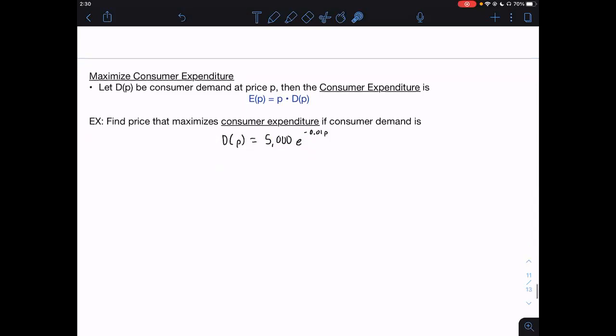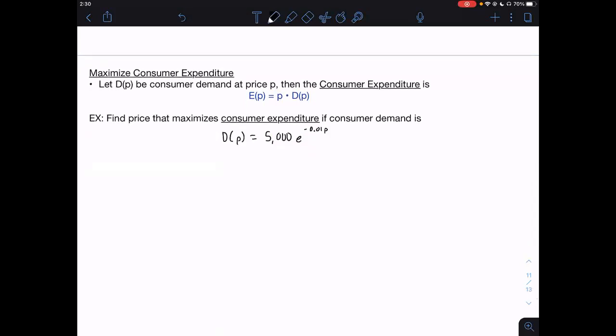Okay? So if we want to maximize, there we see that keyword maximize. If we want to optimize consumer expenditure, the first thing we have to do is find the function that we're trying to maximize. What are we trying to maximize? Consumer expenditure. How do we define expenditure?